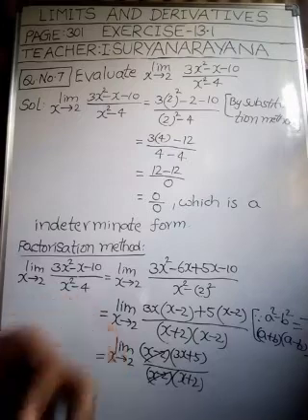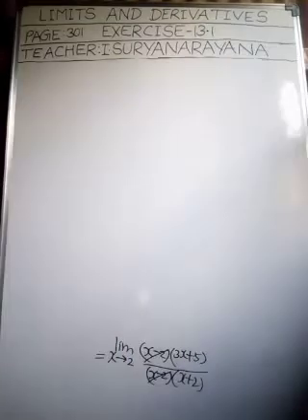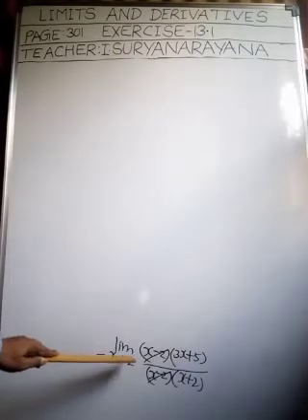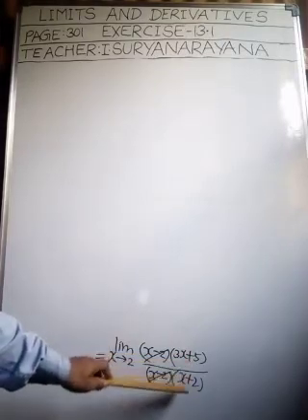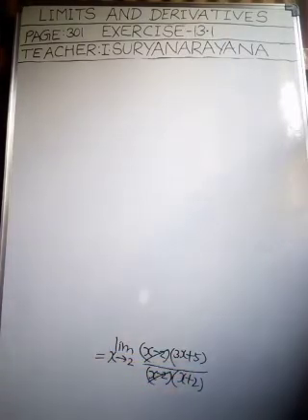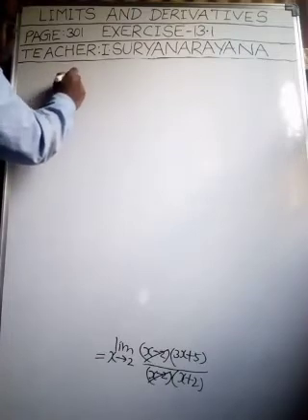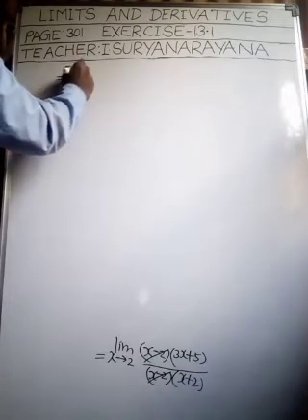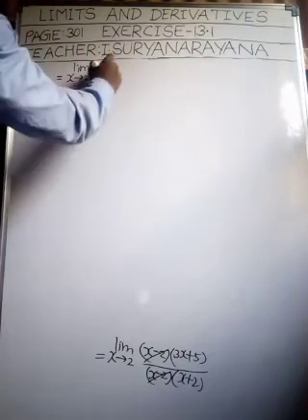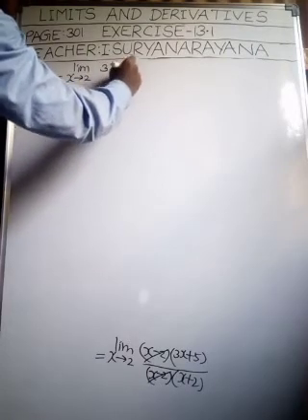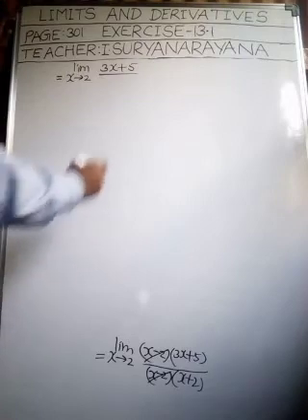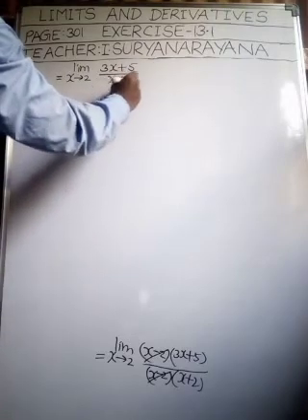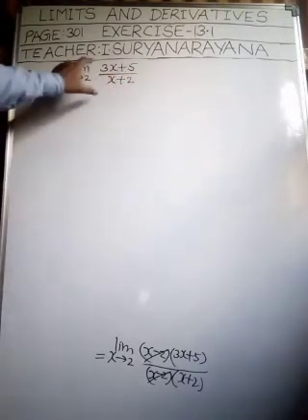Okay, my children? Right. Here, as x tends to 2, limit, what is the function left here? We write the function in the next step. That is equal to, as x tends to 2, limit of 3x plus 5 by x plus 2, the remaining function. Understood this step, my children?